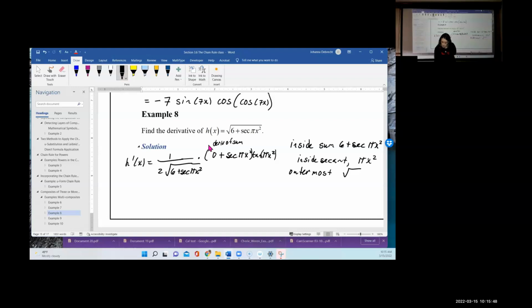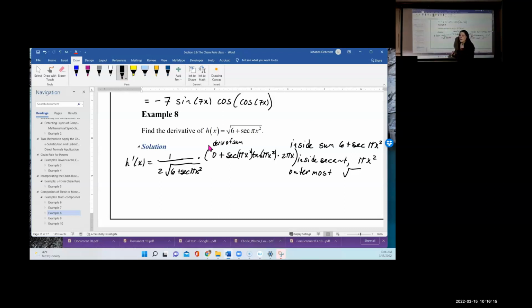And then we have to multiply the secant part by the derivative of what was inside secant. What was inside secant was pi x squared, and the derivative of that would be 2 pi x. Wouldn't it be pi will turn 0?